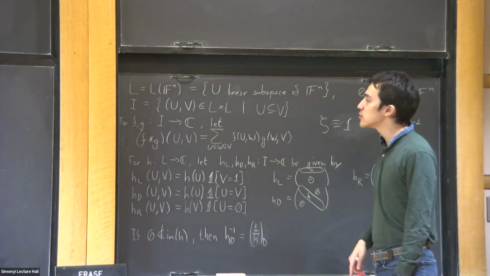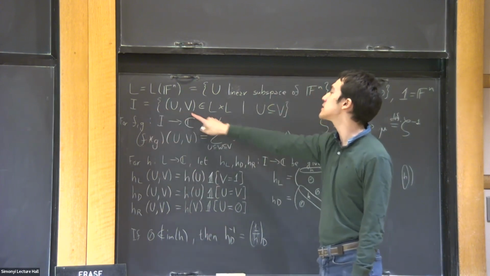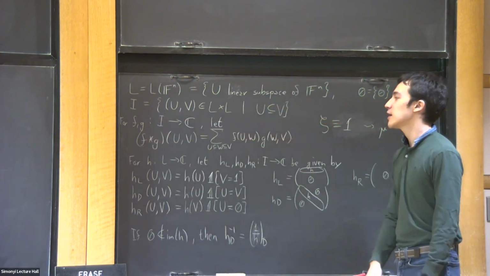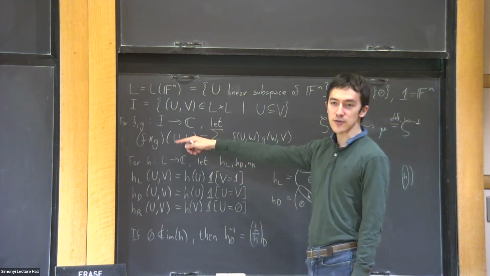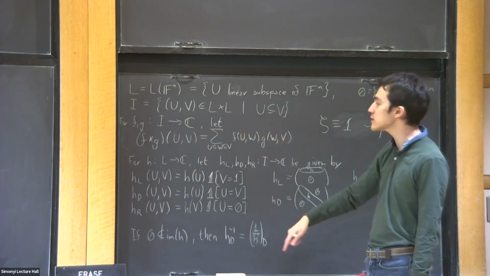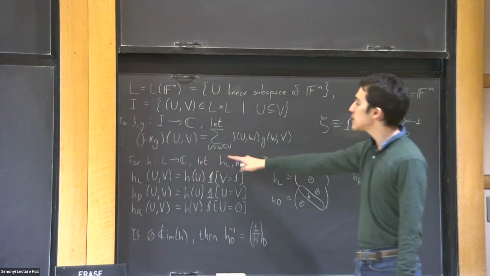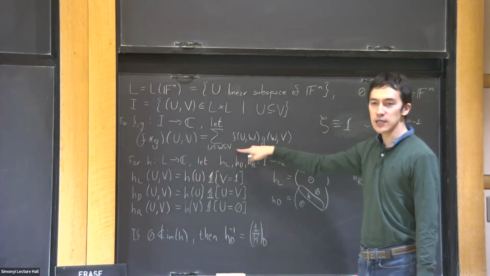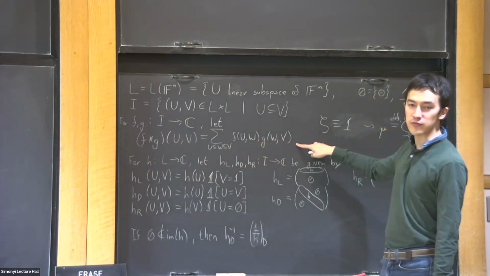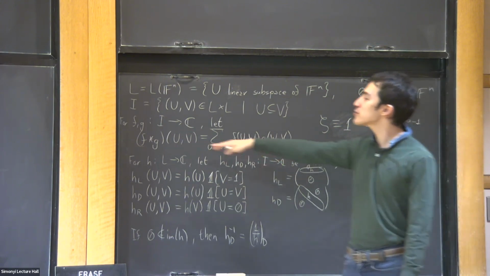If you're going to do Mobius inversion, we might as well define the set of intervals, the pairs (U,V) such that U is contained in V. You have a natural convolution based off of this. This convolution is not the Fourier transform convolution. It's just convolution of posets, where the convolution of two functions over intervals is: you sum over all the W's in between, F(U,W) G(W,V). Now, the nice thing is that this convolution behaves as a multiplication.